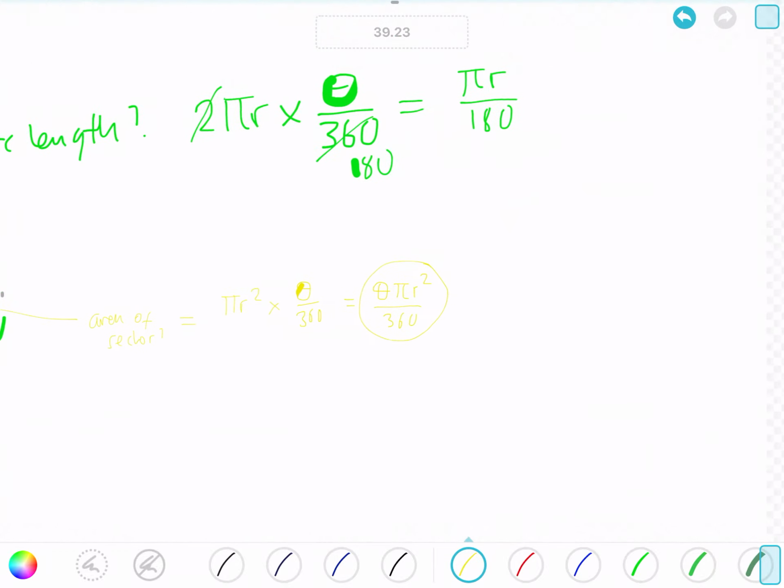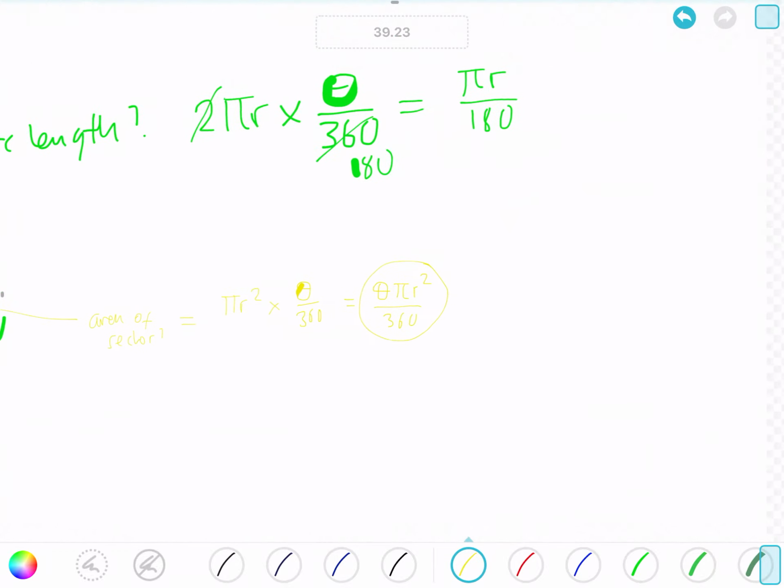Let's do the area of sector. Now we do similar to what we did before. We take the whole area, pi r squared, that's the whole area of the circle. We multiply it by the fraction that we've got, which is theta divided by the whole circle. Now, a whole circle in radians, do you remember what that is? It's 2 pi radians, not 360 degrees.